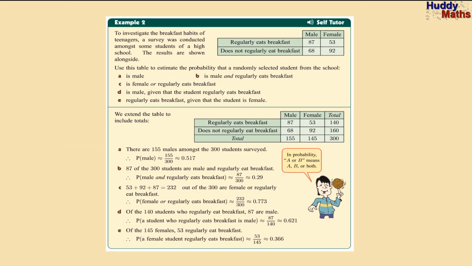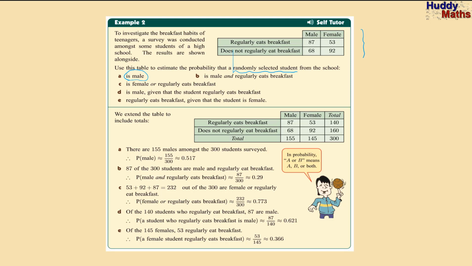So there's an example here about males and females eating breakfast or not regularly eating breakfast. Okay, so here, a survey was conducted amongst some students at a school, and there's our results. Now, if you took a randomly selected student, so you don't know their eating habits or whatever, what is the probability that the student is male?